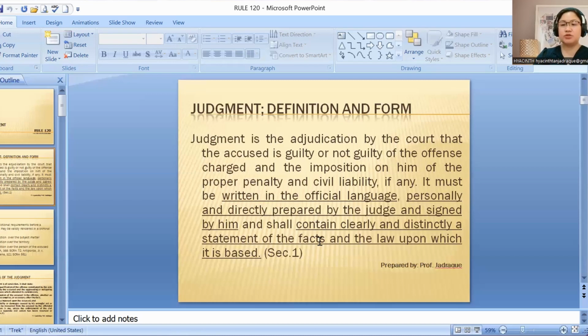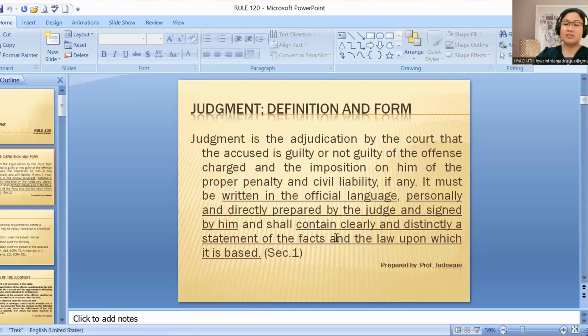The prosecution alleges and proves the case, the defense refutes. So who among these two contending parties is saying the truth? And if the prosecution was able to prove all the elements of the crime, hence impose a judgment of conviction upon the accused.